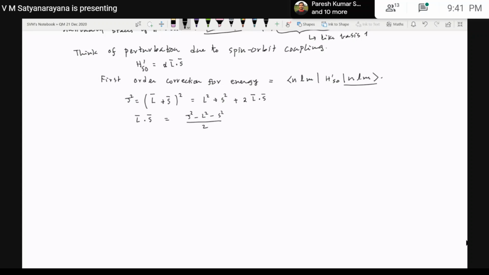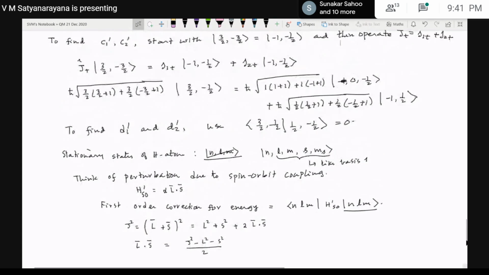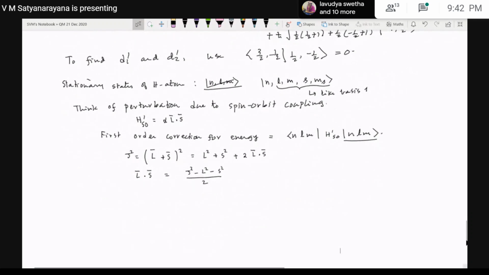So this is one simple example where the Clebsch Gordon coefficients are very important. If you can write these things in terms of Clebsch Gordon coefficients, then you can directly get the perturbation energies calculated.